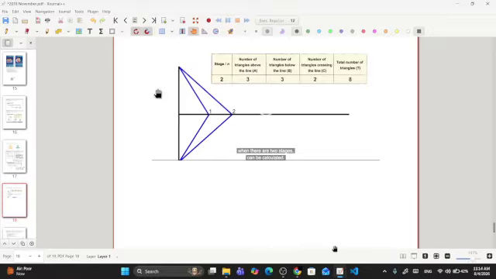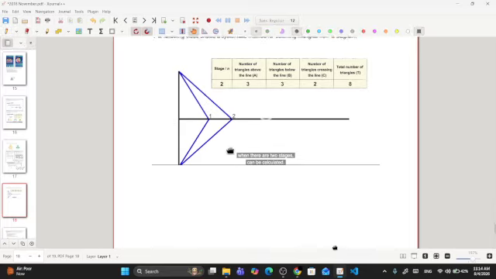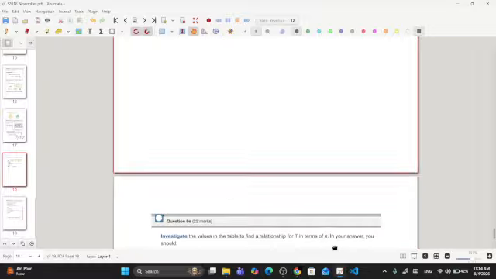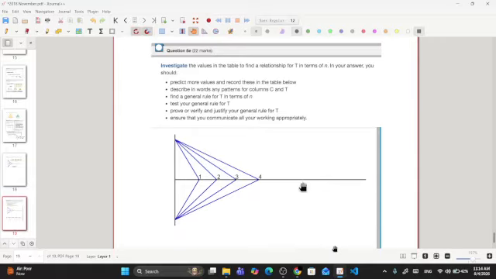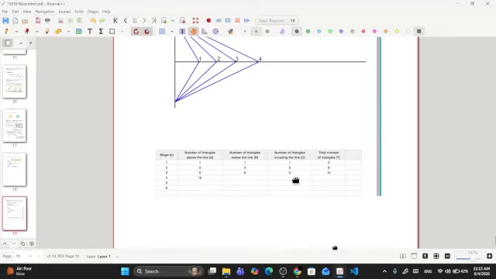So this is triangle 1, this is triangle 2, and the sum of it is going to be 3 triangles. Okay, so that's what is being shown per stage. Investigate the values in the table to find a relationship for t in terms of n, and you should create more values and record these in the table below.